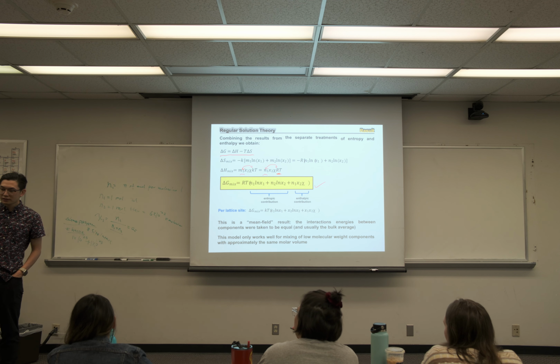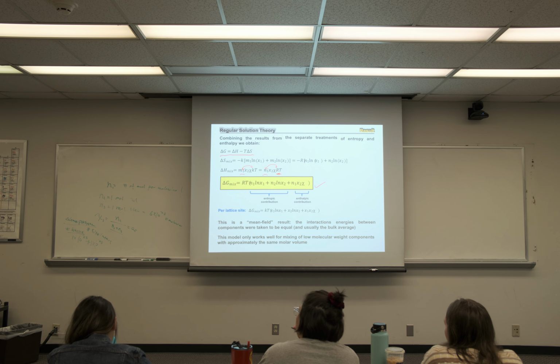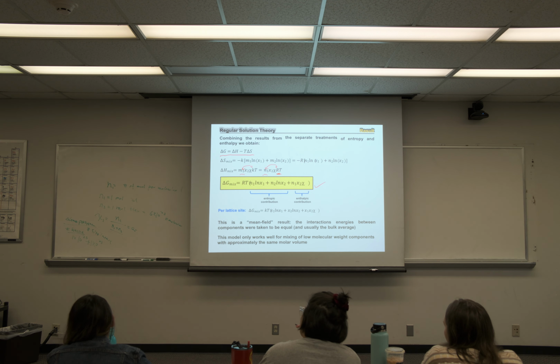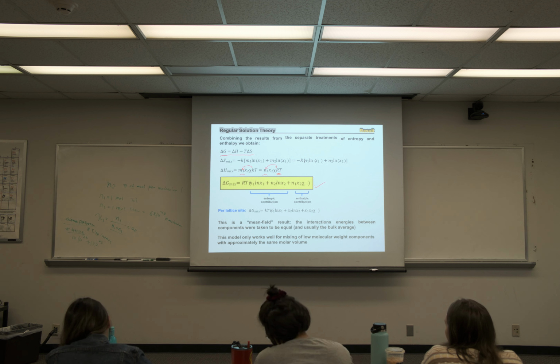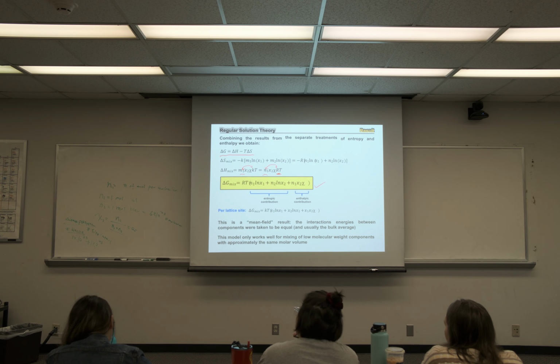Okay, makes sense? Joseph? X1 and X2, the volume fraction or the mole fraction? This would be mole fraction, but they're actually interchangeable if they assume the same volume. Okay, because each molecule, we had an assumption before that they're just going to fill one lattice. Right. Yeah, you're right.